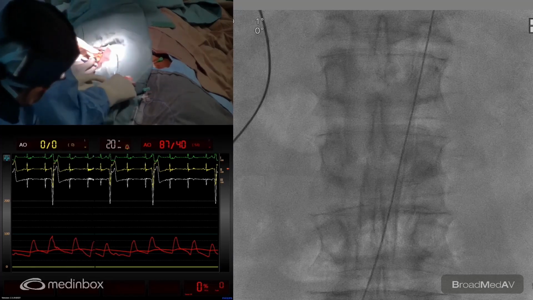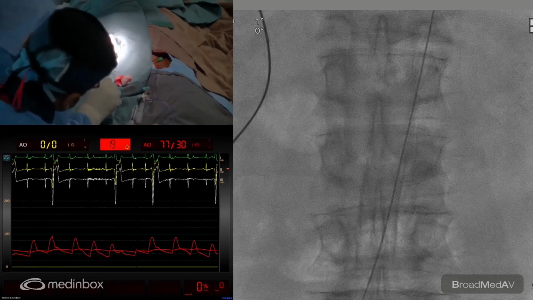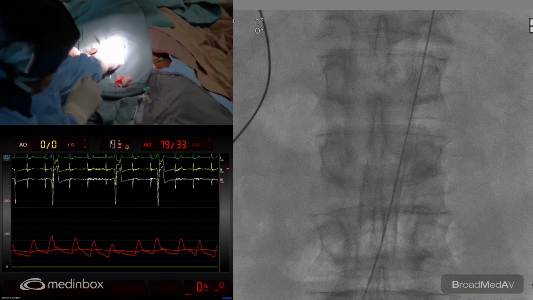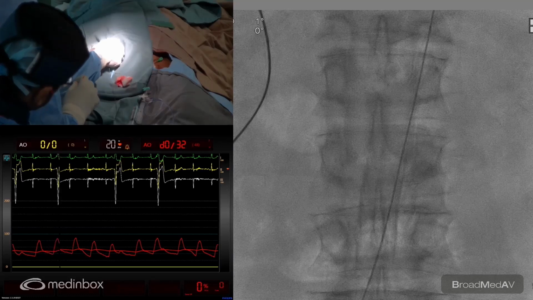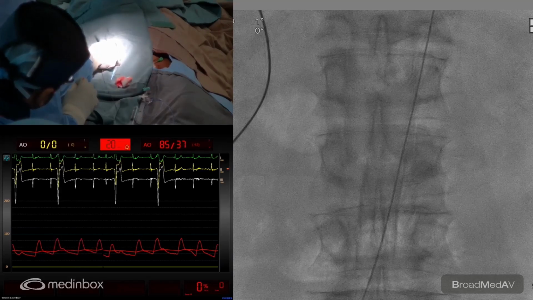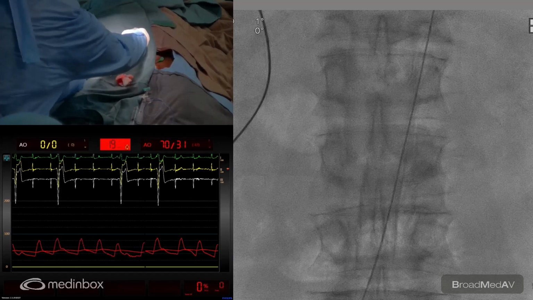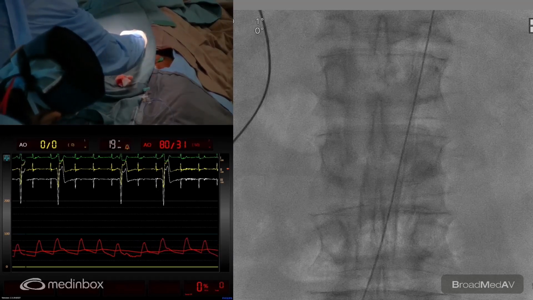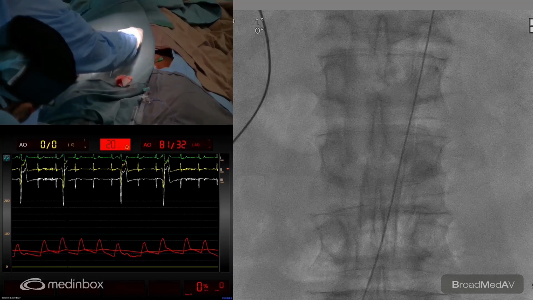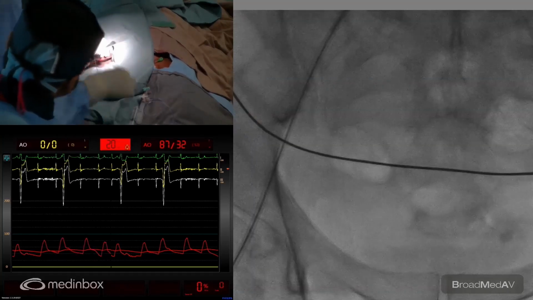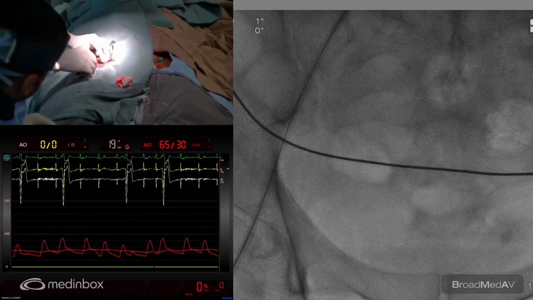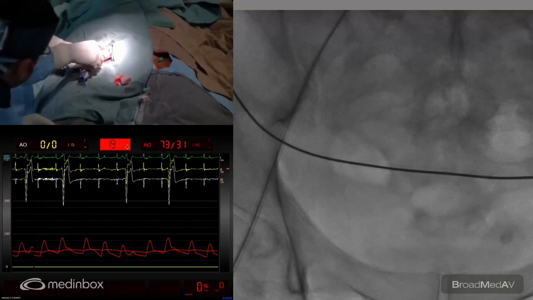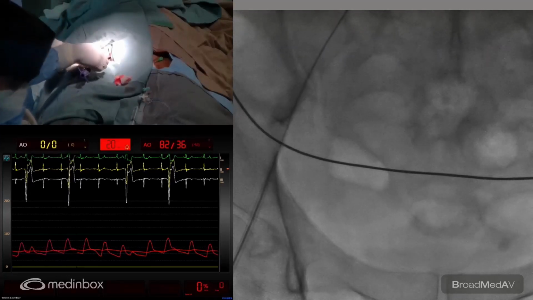We'll remove this one. So we will now put the second one in, and that's the wire going in for the second glide. So we remove this one out. Sister, can we get the second proglide, please?